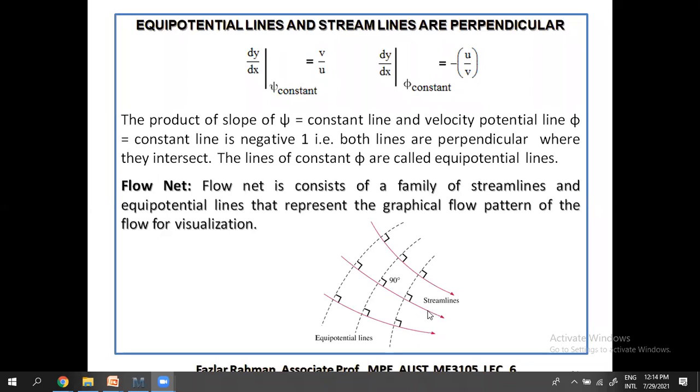And they intersect each other at a 90-degree angle, which we already proved. So what does it represent? It represents that the velocity of the fluid particle, all those points, will be the same, say for example, 2 miles per hour or 2 meters per second.